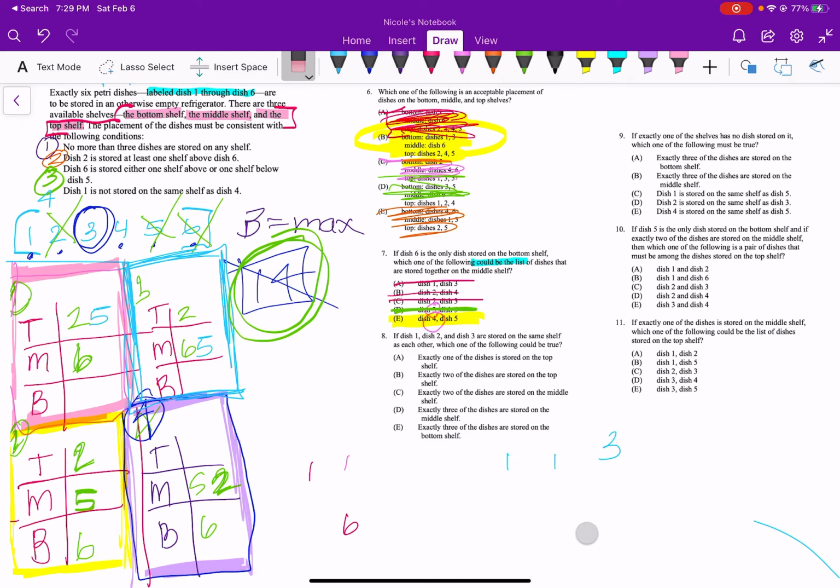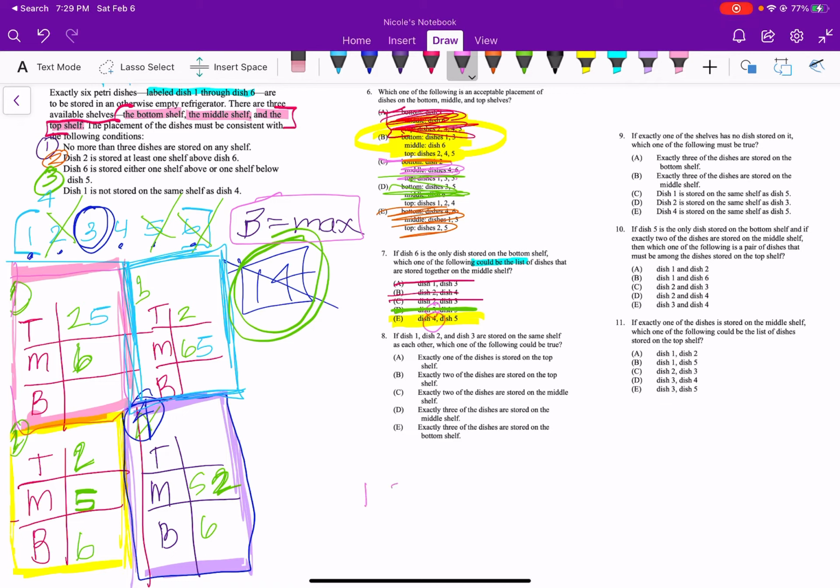All right, let's go on to number 8. If dish 1, 2, and 3 are stored on the same shelf as each other, which of the following could be true? So we know that the maximum number of shelves that we can have is 3. So if 1, 2, and 3 are together, we know that it has to be all on one shelf.